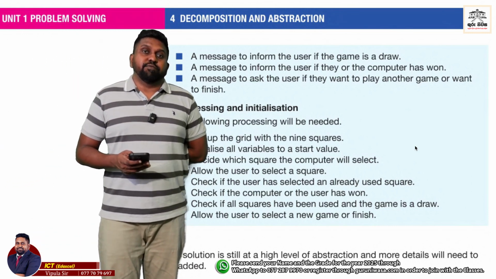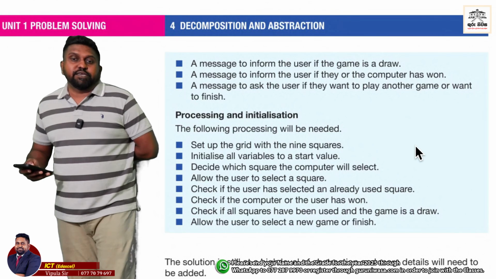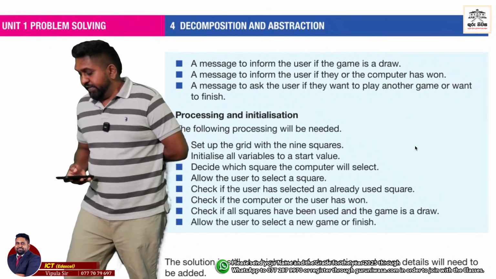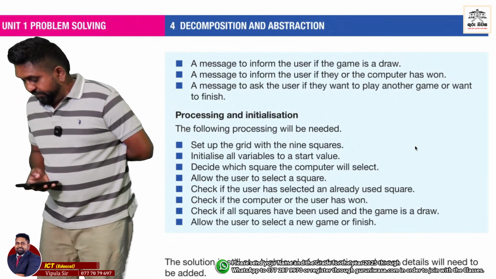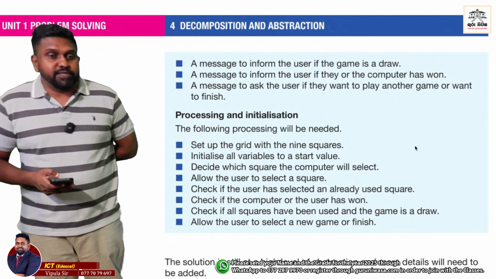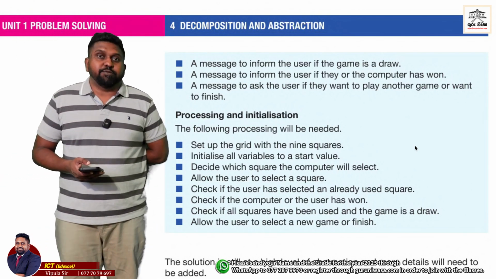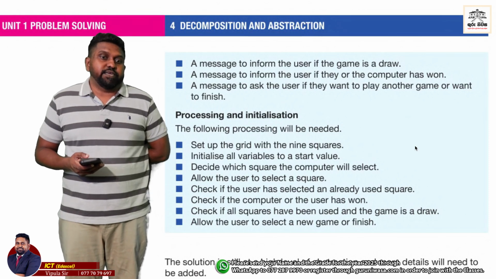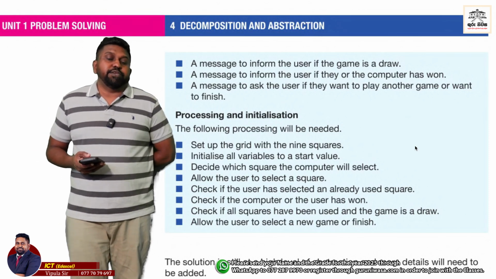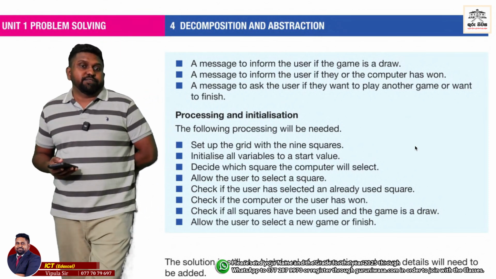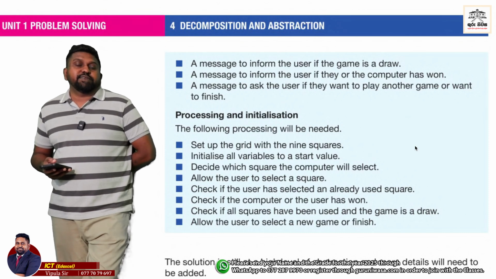Okay, so again this is going into an abstraction layer where we try to understand the specific points of things which you need to process. Okay, so first of all, set up the grid with the 9 squares. We have to set up a grid, right? Then we need to initialize all the variables to a start value.